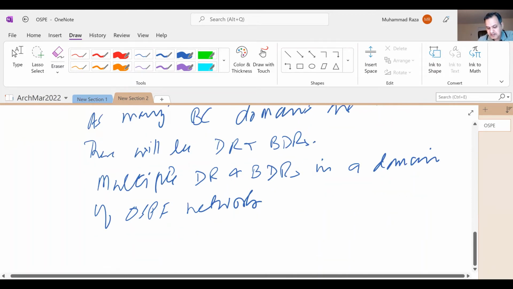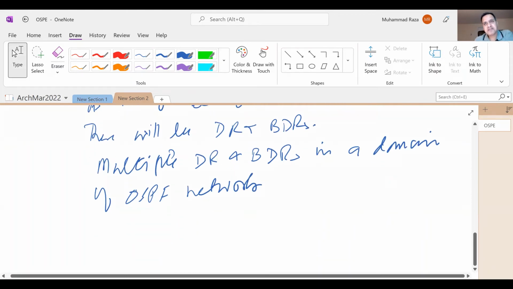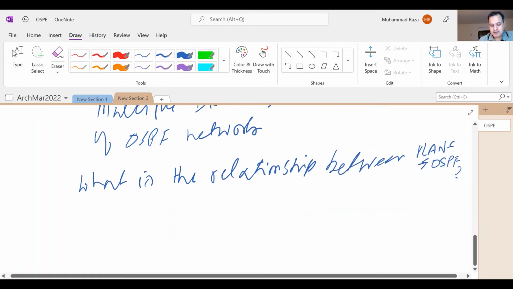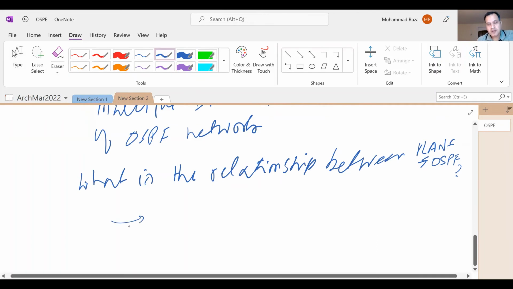Then comes a question. Some interviewers modify the question, or have another version of it. They say, what is the relationship between VLANs and OSPF? So one angle of answering is, from one point of view, nothing.